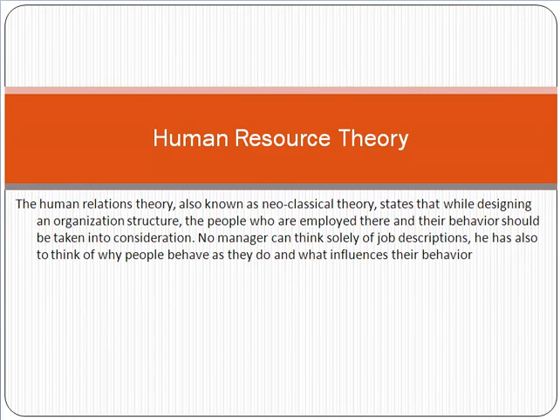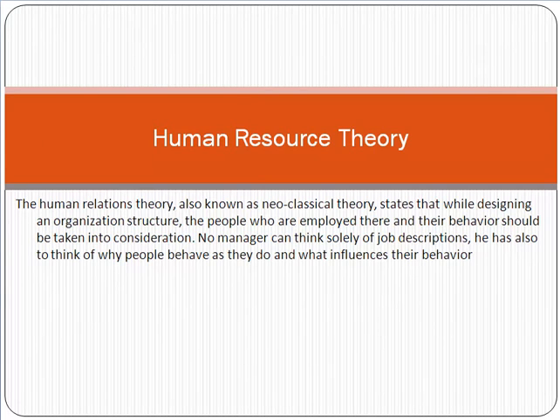In the previous one, the main factor was the structure and functionality of divisions. Here in the human resource theory, whenever the organization is developed, they definitely consider the human resource factor. The human resource factor means the employees, basically, how employees are working.